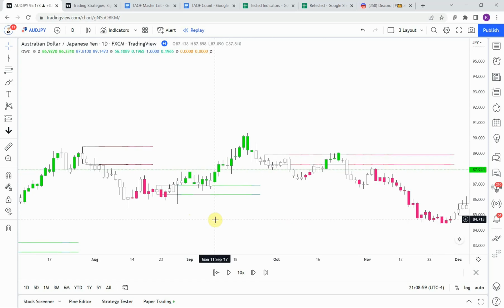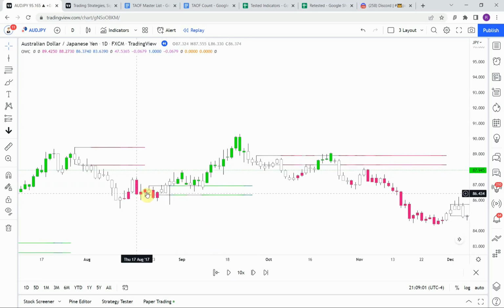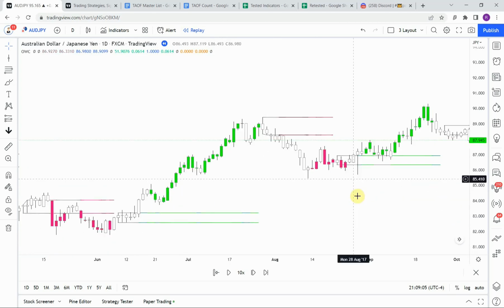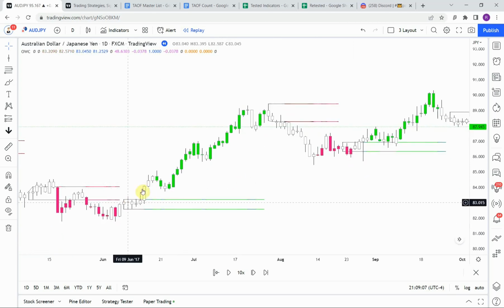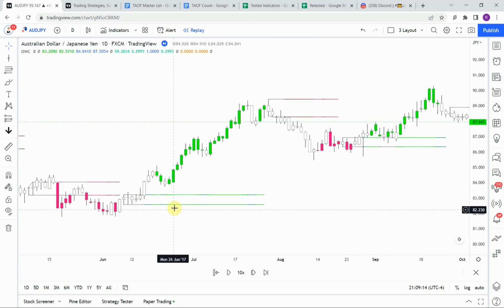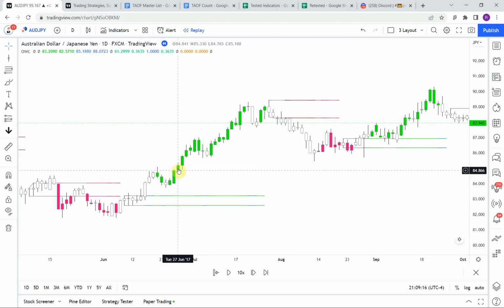Now, when it does break, it doesn't necessarily have to be green or pink. And so you can see that there are instances like here where we get the break, and the break happens on a bar coloration that isn't the green, but then we do pick up that green bar coloration a little bit later. And so that would also be a valid signal.